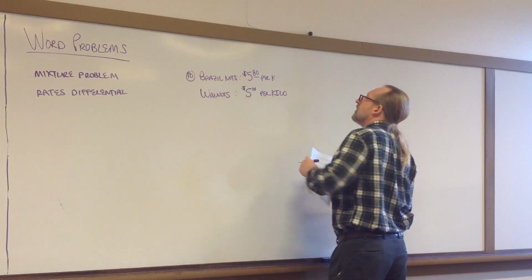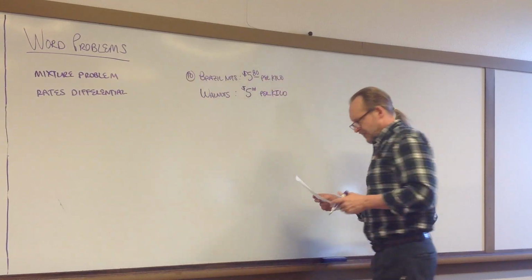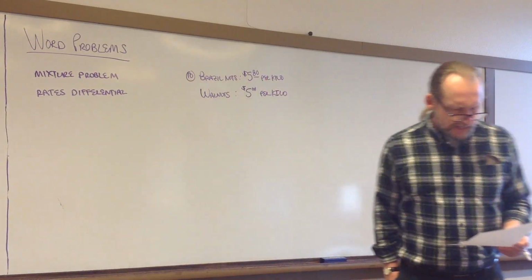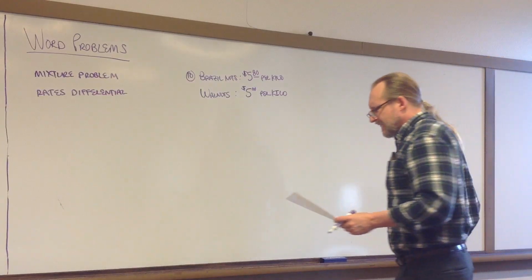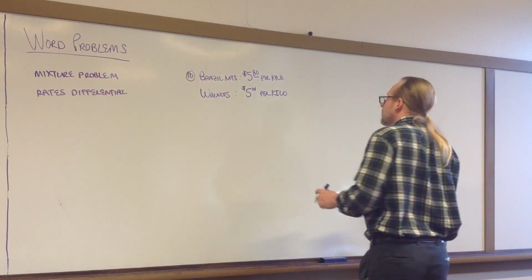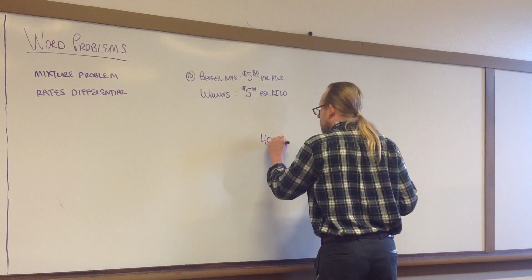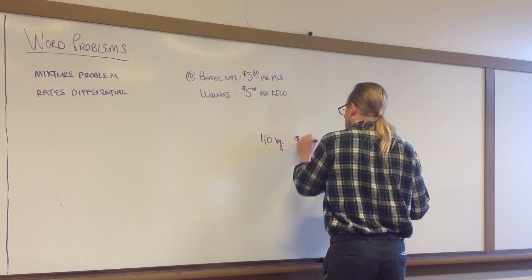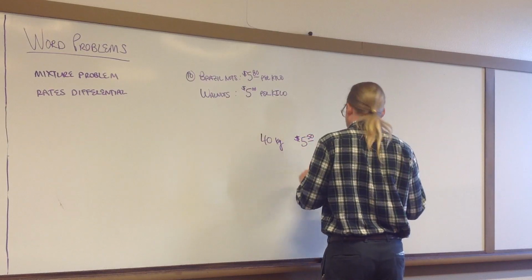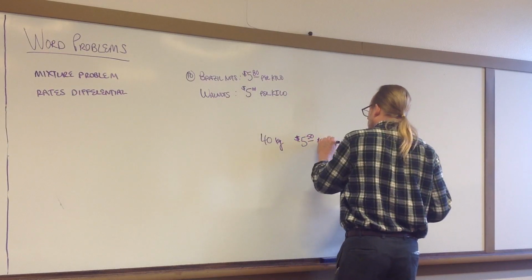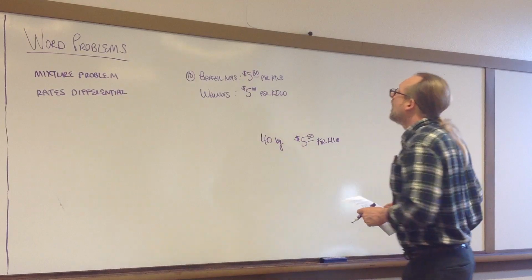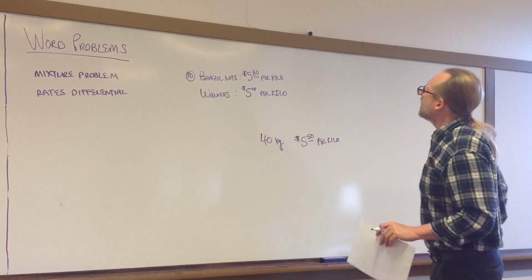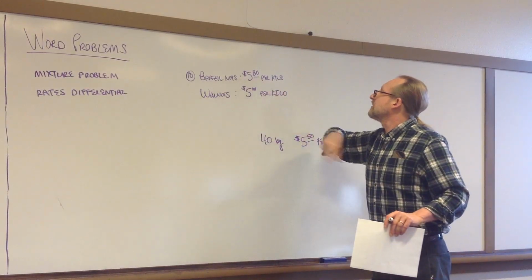We'll use that as an abbreviation. Okay, how many kilos of each kind of nut should be included in a 40 kilogram mixture that costs $5.50 per kilo?